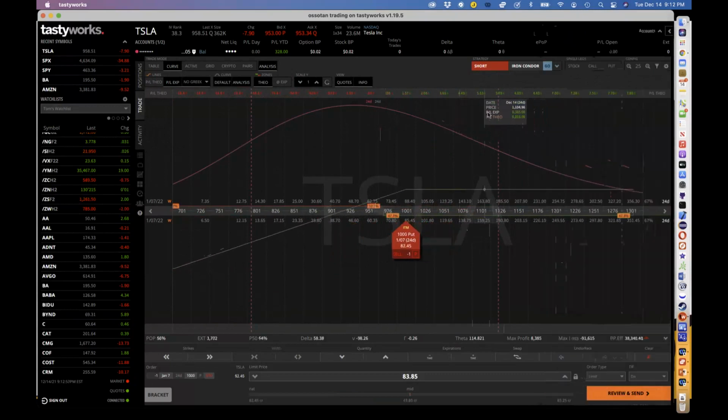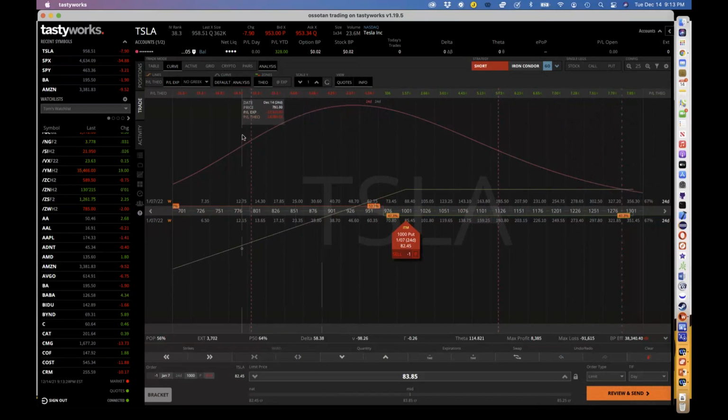Oh, see this thing here? Look at my cursor. The cursor tells you exactly how much money you're making in theory as you go into expiration. See that? You see how the price changes? And if I go down this way, I'm losing, when price goes down.